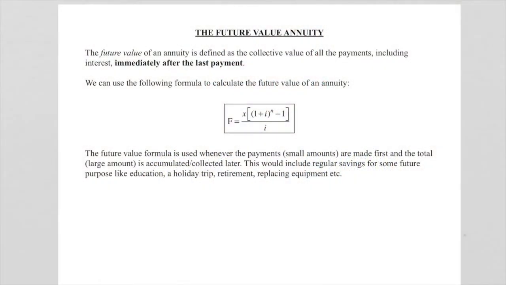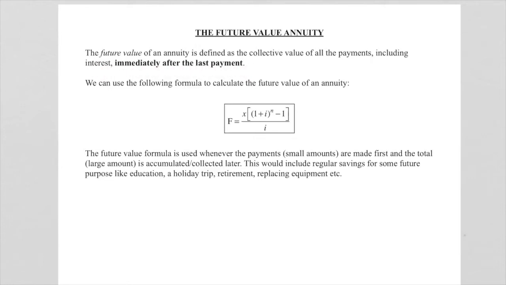So before we look at the first example, let's just quickly discuss the formula that we're going to use for future value annuities. You will notice that I've said here that a future value of an annuity is defined as the collective value of all the payments, including interest, immediately after the last payment.